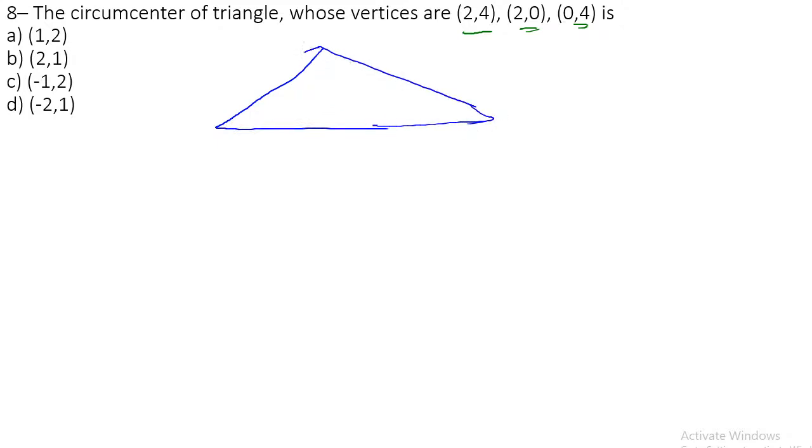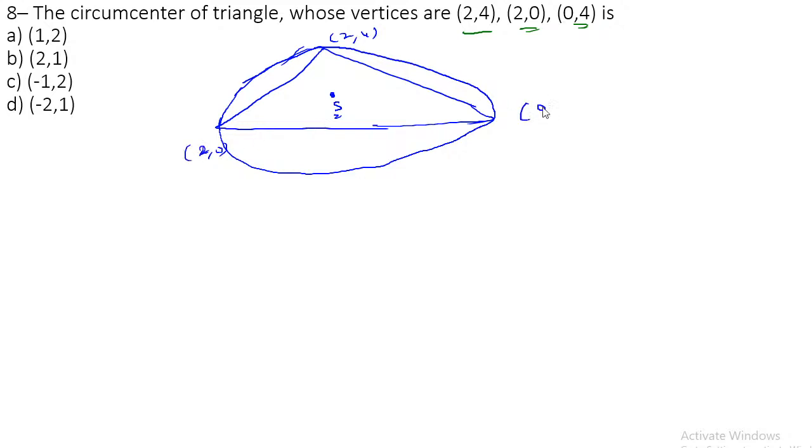Circumcenter is the center of a circle which passes through the 3 vertices of the triangle. So this is the circle, and the center of the circle is called circumcenter S.